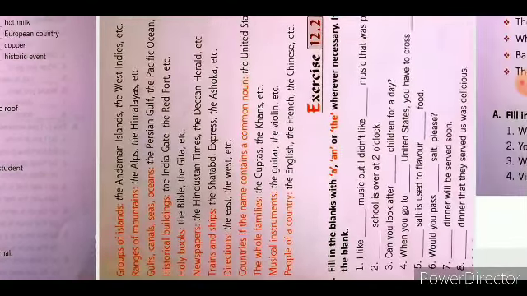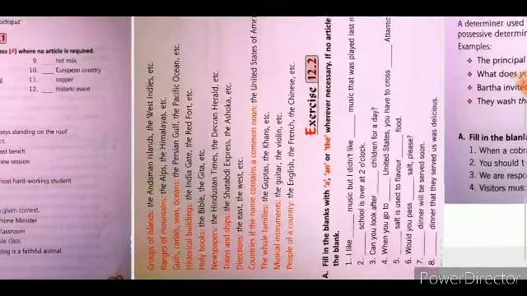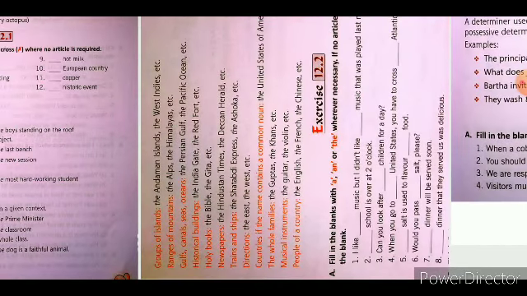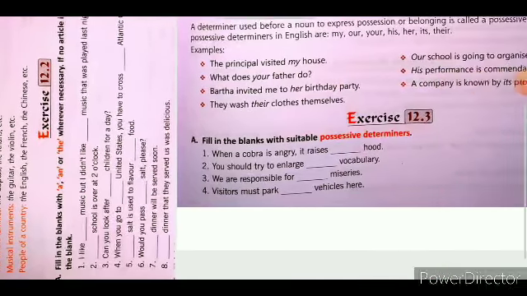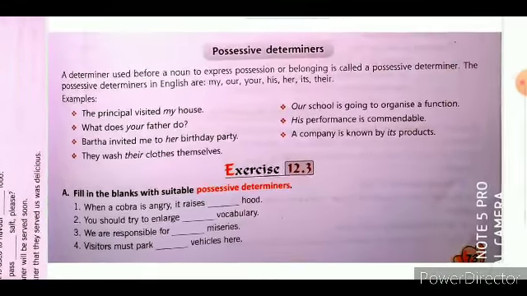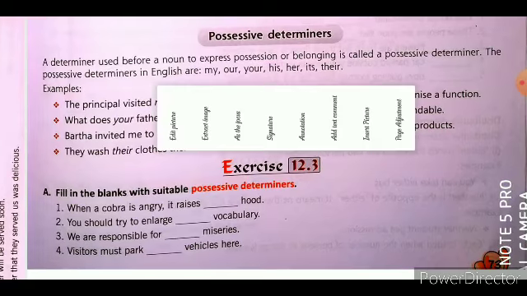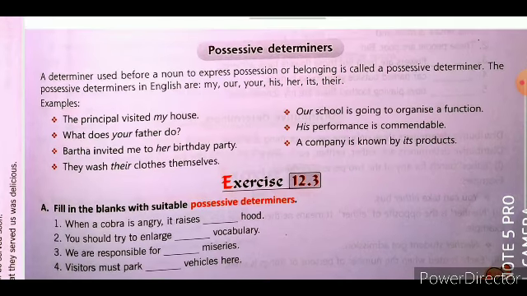Now just have a look at this, because here you can see the names of groups of islands, ranges of mountains, gulfs, canals, seas, historical buildings, holy books, newspapers, trains and ships, directions, countries if the name contains a common noun, musical instruments, and people of a country. These are the places where you will use the before these words, my dear students. So this was the first kind of determiner, that was the article.